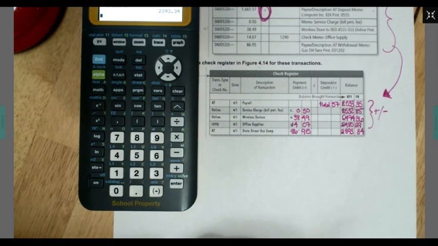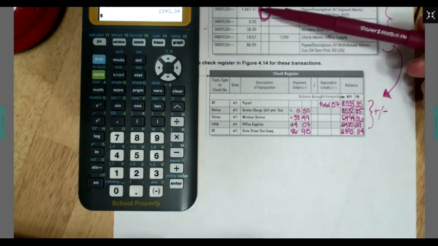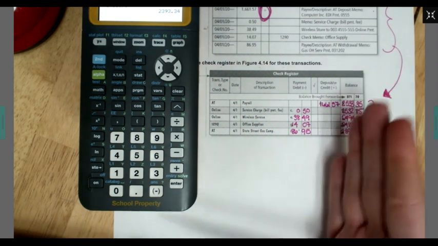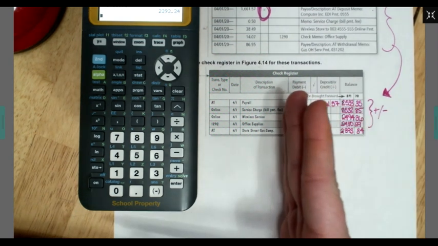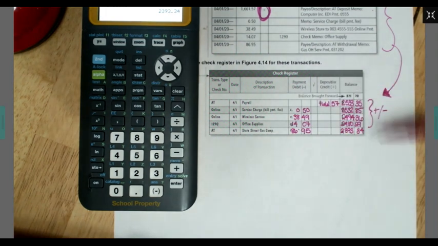As you can see, for question number 6, the answers have been transferred down, and I just went line by line, making sure that I moved them either into the deposit line or into the payment line. And then again, you're running this total off to the side.